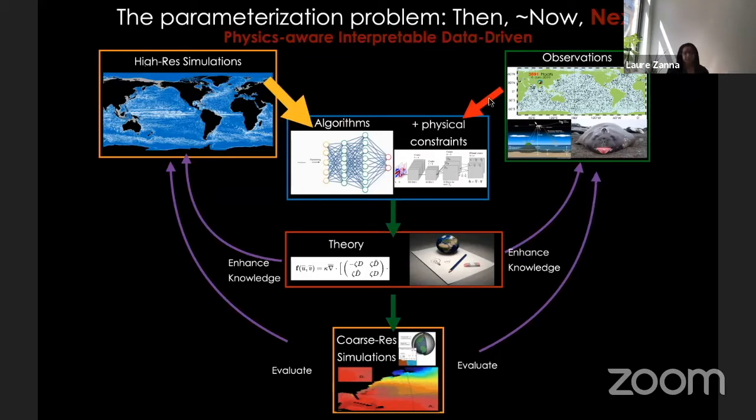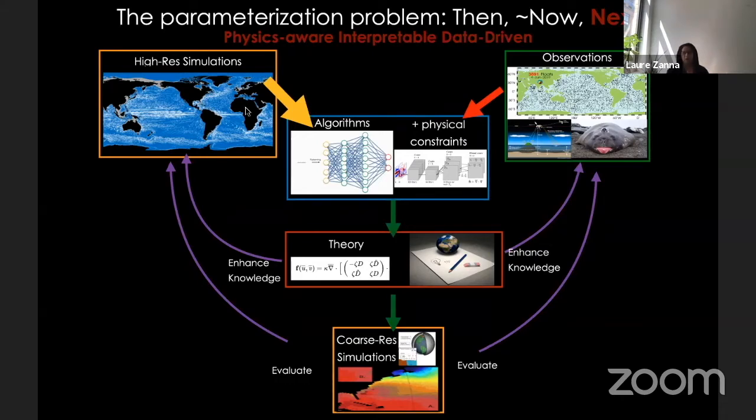Which is starting still with the high resolution and the observations, continuing using those great algorithms that are faster, need more or less data, that can generalize, adding physical constraints, but being able to extract something that could be a theoretical basis to enhance knowledge, not just coming out with an expression with millions of parameters that I can't do anything with, but coming up with something that is truer to the physics and will actually explain more than I knew before I started.